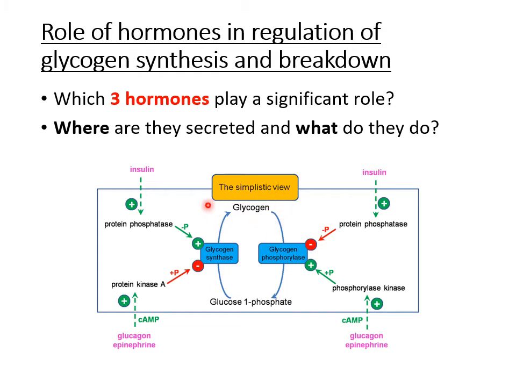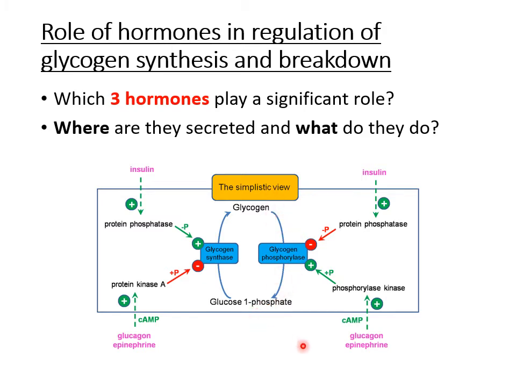Now, the opposite is true if instead your blood sugar drops. And well, now, if your blood sugar drops, what do you need? You need some glucose available, right? So what your body will want to do is break down the glycogen now, which is this side of the pathway. That's controlled by glycogen phosphorylase.